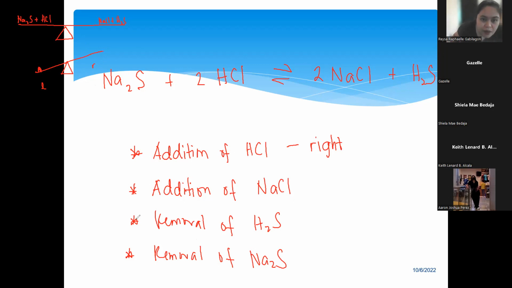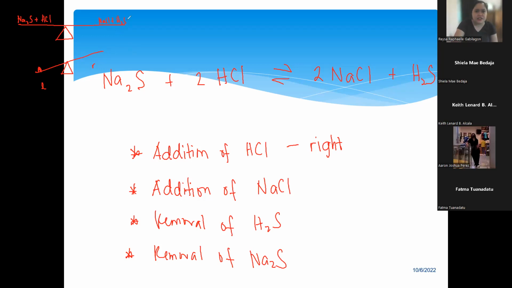Sige. Now, how about addition of NaCl? Addition of NaCl, dito na naman tayo magdagdag. Dadagdagan natin dito na side.